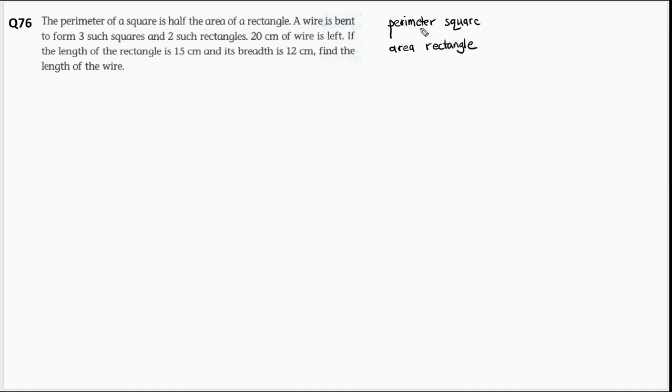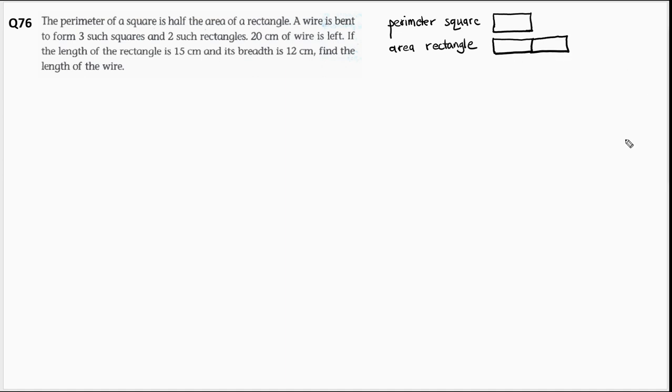Okay. So the perimeter of the square is half the area of the rectangle. So we're going to get a value for the perimeter of a square, and that is going to be half of the value of the area of the rectangle. So if that's the perimeter of the square, this is going to be the area of the rectangle.